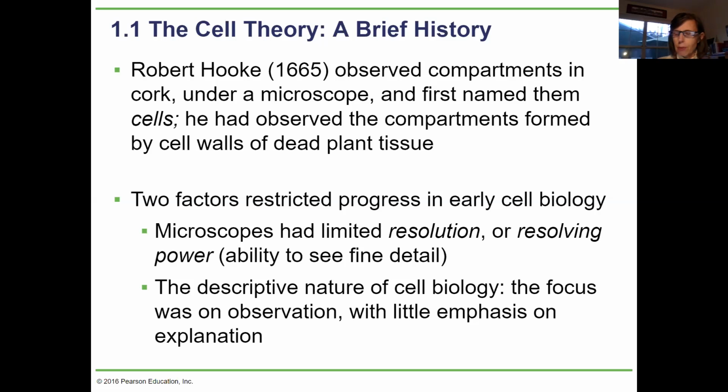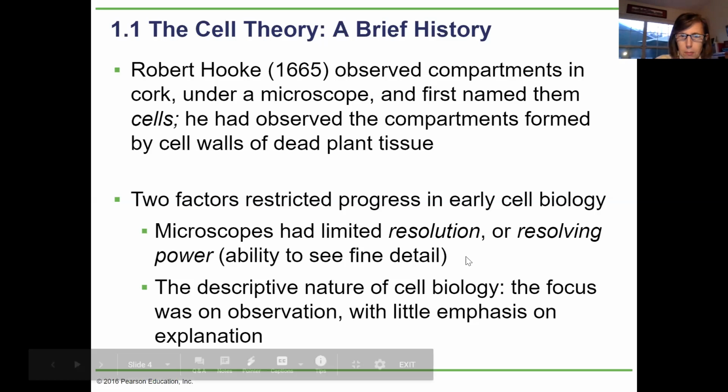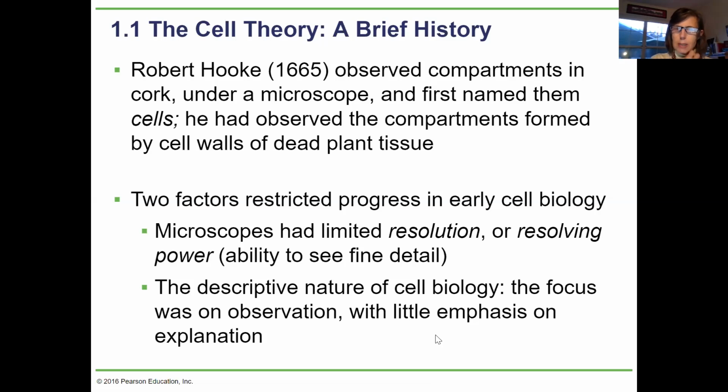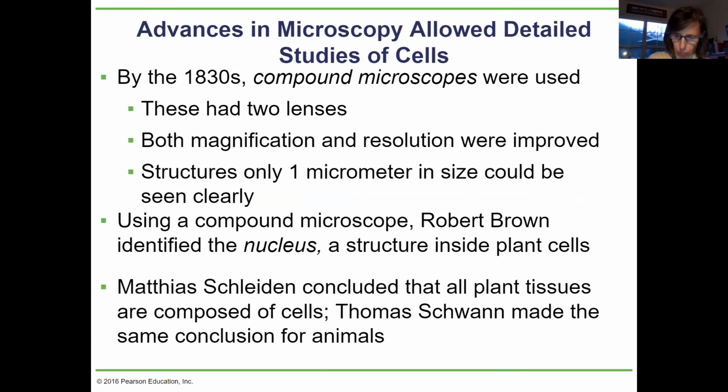They were not able to see fine detail. And the other thing was that at this time in history, instead of trying to do experiments and seeing differences and changes, they were really just describing nature, which was incredibly valuable, but limited.